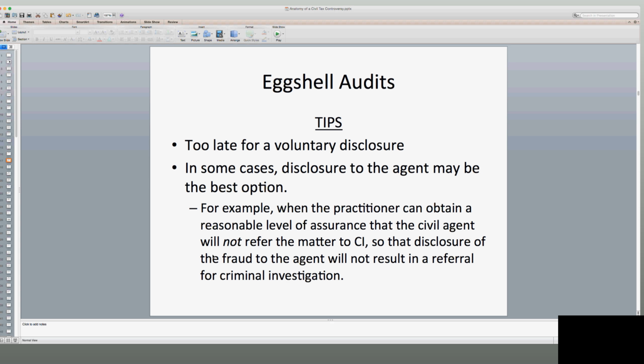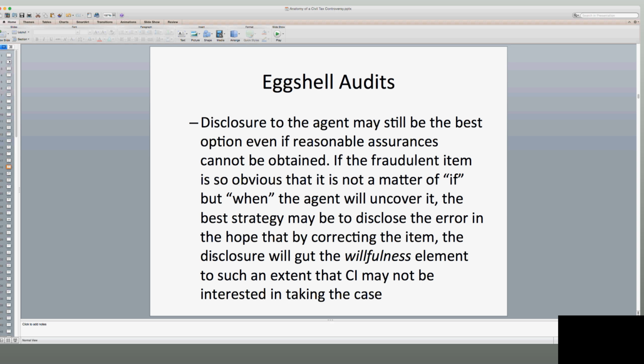For example, when the practitioner can obtain a reasonable level of assurance by the civil agent that he or she won't refer the matter to CI, so that the disclosure of the fraud to the agent won't result in a referral, that might be an example where the practitioner wants to just come right out and advise the revenue agent, especially if the fraudulent item is one that is going to be found, and it's not a matter of if, but a matter of when.